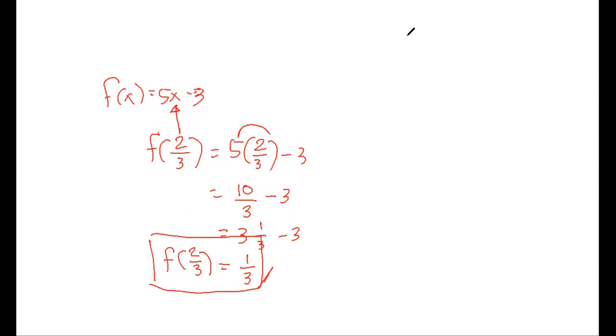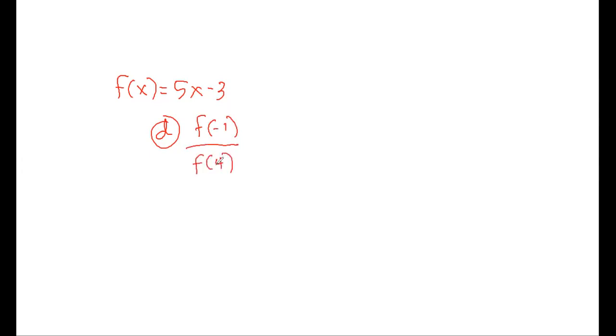Now this time, let us solve for, still on number 1, f of x equals 5x minus 3. This time, you'll be solving for f of negative 1 divided by f of 4.